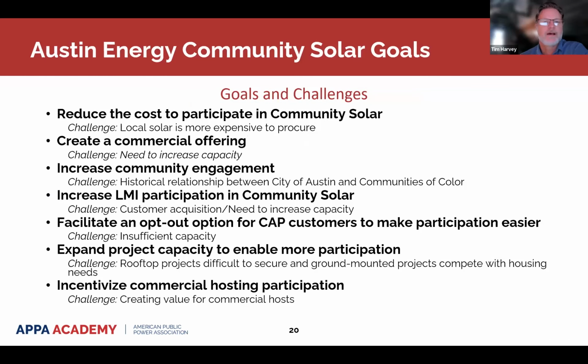So, what are the goals and challenges? These are the ones that we've identified. One of the goals is to reduce the cost of participation in community solar. Right now, the way we have our community solar program set up, it's a subscription program, and there are market rate customers that pay a premium, and that greens up 100% of their energy consumption. And then half of the program is dedicated to low income customers who get a discount on their bill.